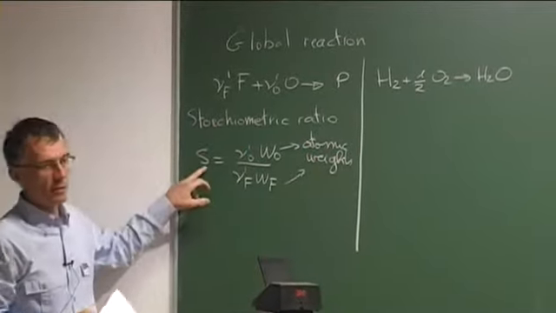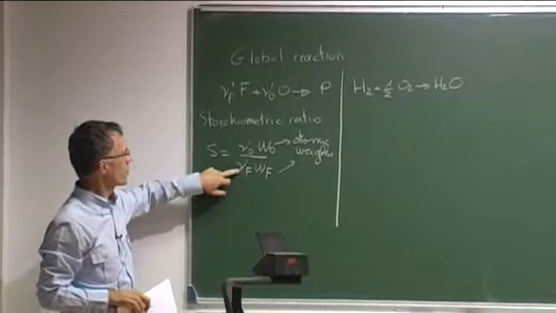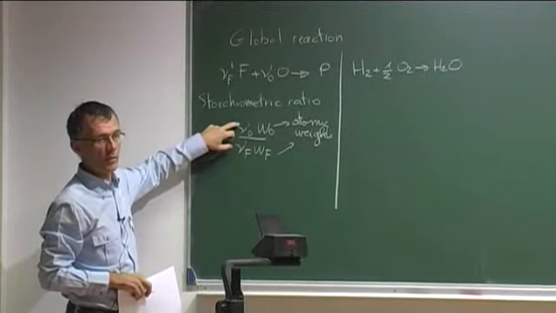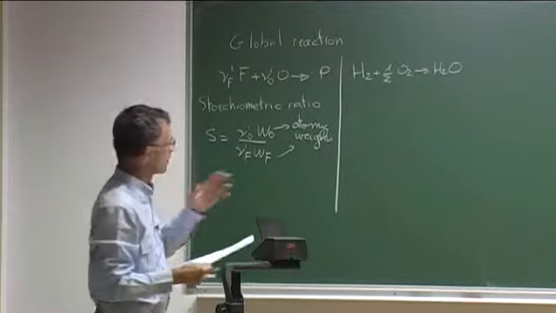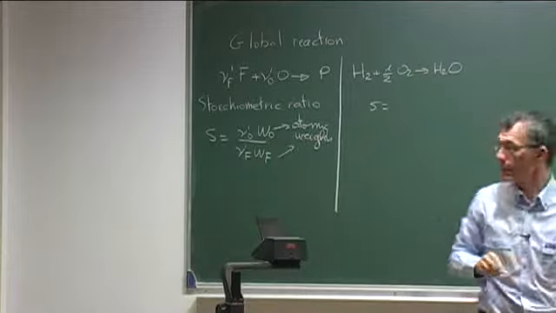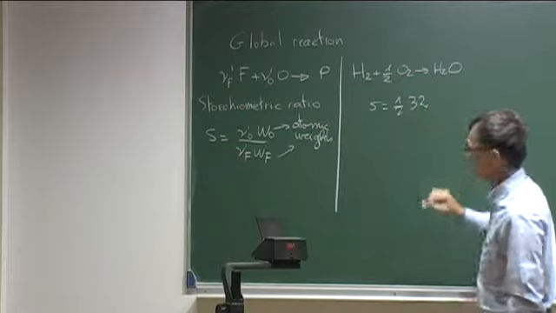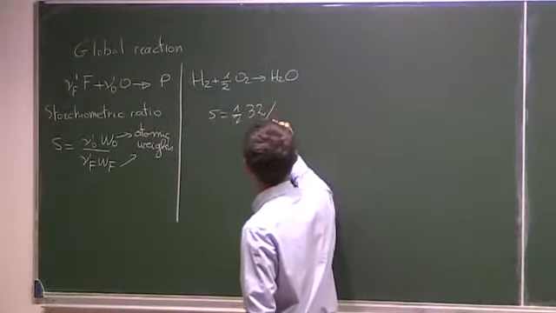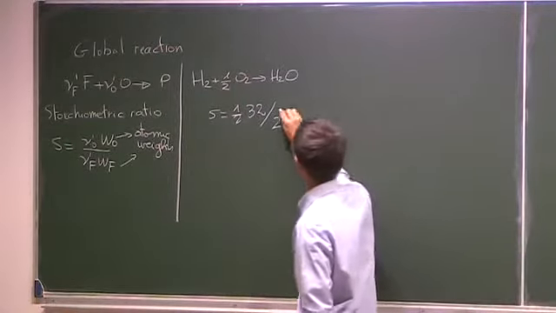So what S is telling you is how much mass of oxygen you need to burn fuel. This many kilograms here of oxygen for 1 kilogram of fuel. If you do that for my example here, you will find S equal 1/2 of 32 for oxygen divided by the mass of hydrogen, which is 2, and it gives you an S of 8.